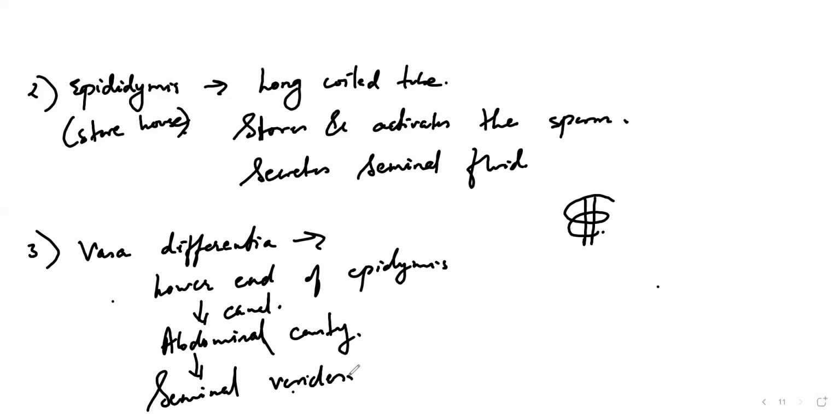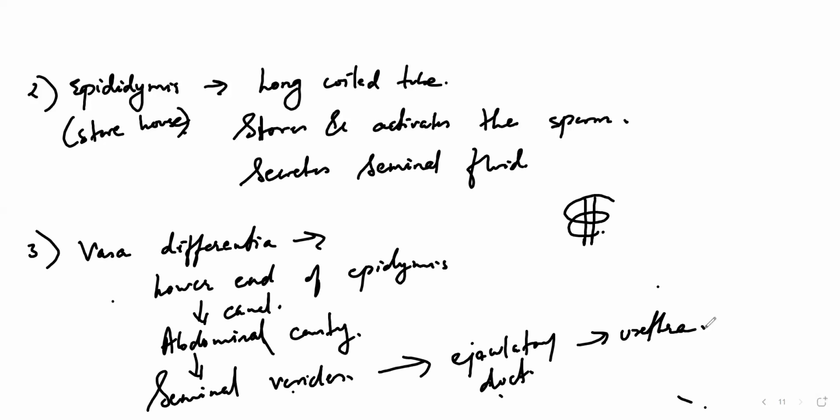Once this vas deferens joins the seminal vesicles, it is going to form a duct which is called the ejaculatory duct. In the name itself it is there, it helps in ejaculation, and this will open into the urethra. So from the testis, then the epididymis, then vas deferens, then passing via the seminal vesicles, ejaculatory duct, and then the urethra.